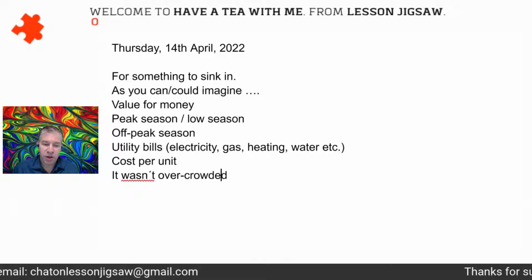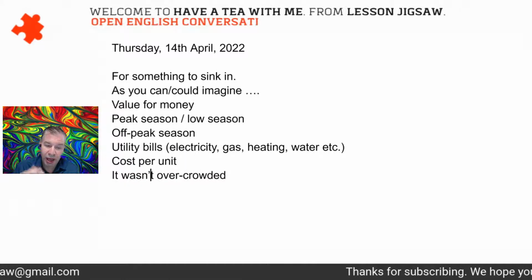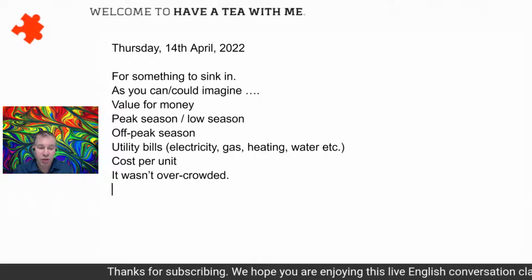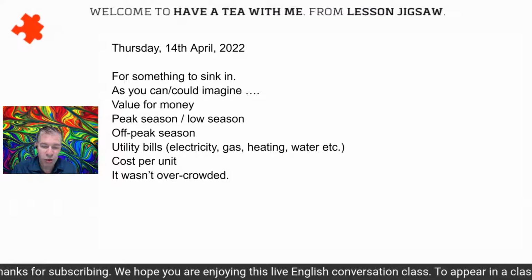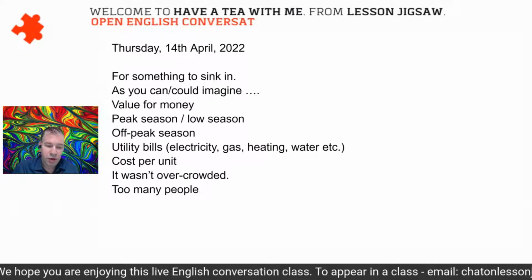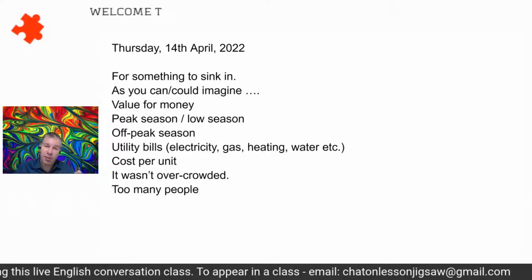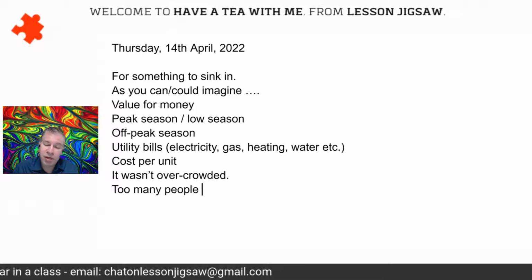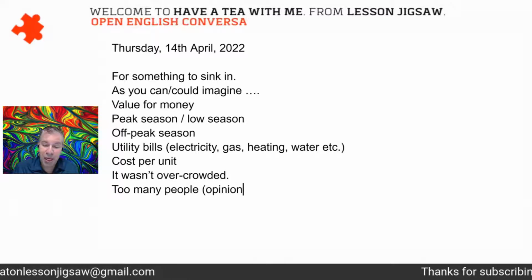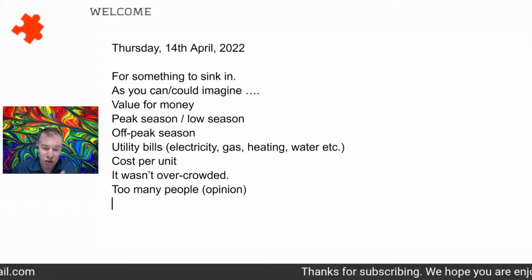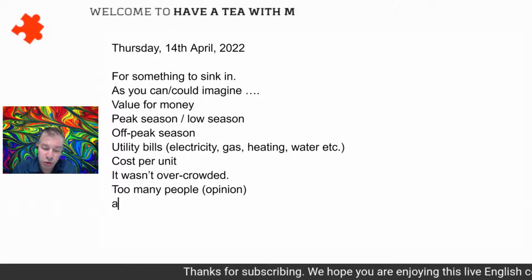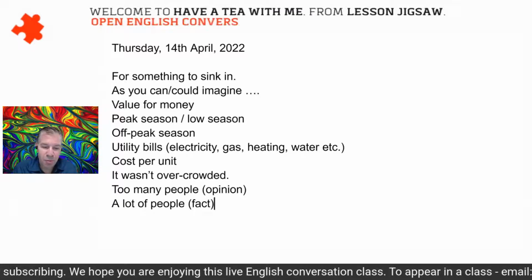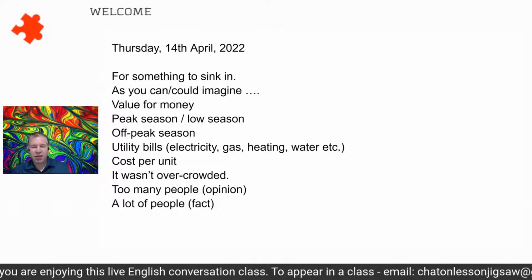So you can have crowded, which is busy with lots of people, but overcrowded is when you say it's too much or too many people. Crowded can be too many people as well. It depends on your opinion. Remember, with too many or too much, you're giving an opinion. It's your evaluation and your thought about it, as opposed to a lot of people, which is more like a fact in a general sense.